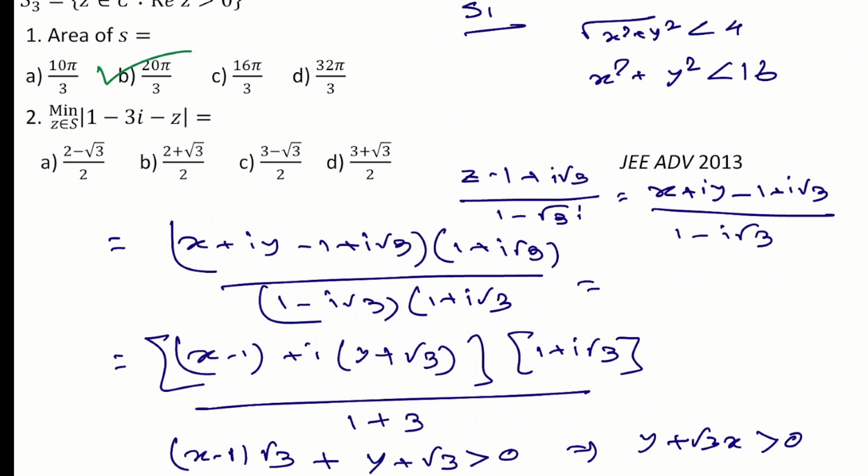Now let's do question number 2. The question is to find the minimum of the modulus of (1 minus 3i minus z), where z is in the region S. So how to solve this?